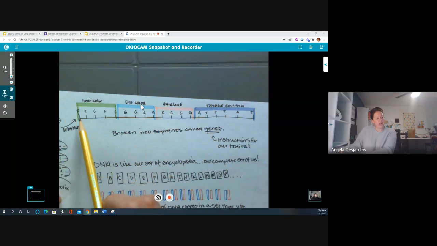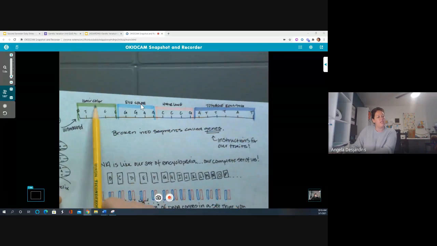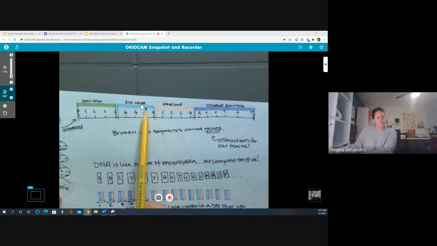For instance, if I broke my whole DNA strand into different segments and color coded them here, this one could be the instruction for your hair color. This one would be the instruction for your eye color. This one could be the instruction for what type of hairline you have. And this one could be the instruction for whether you can roll your tongue or not.